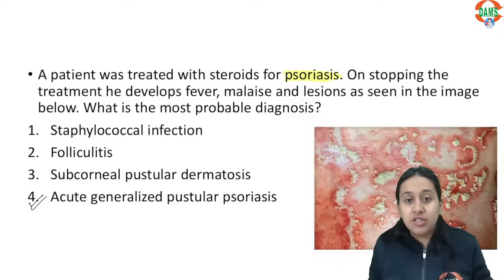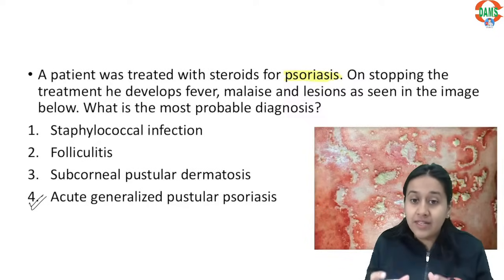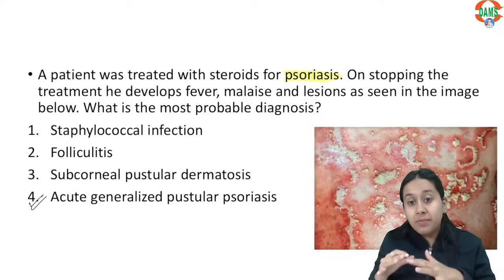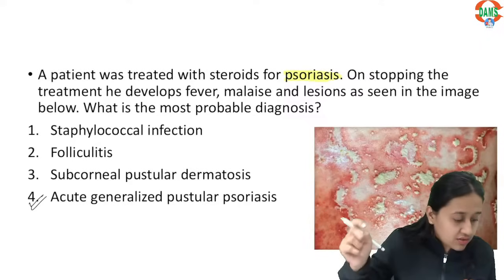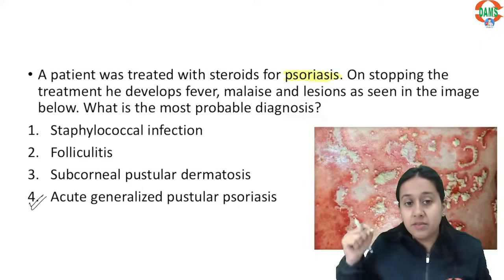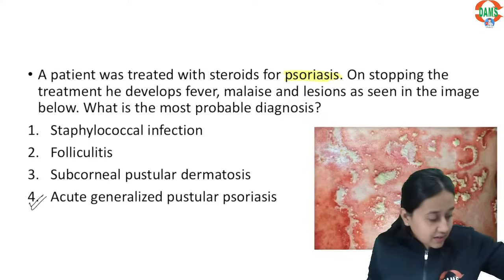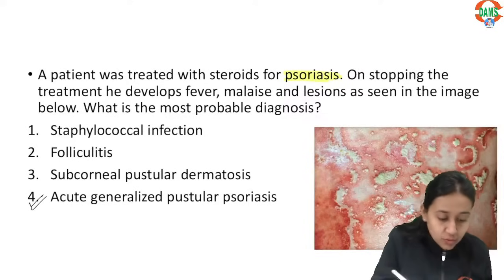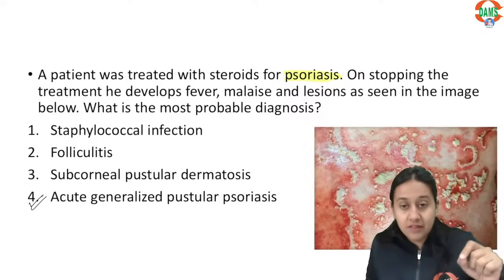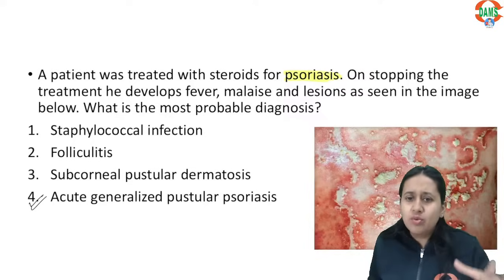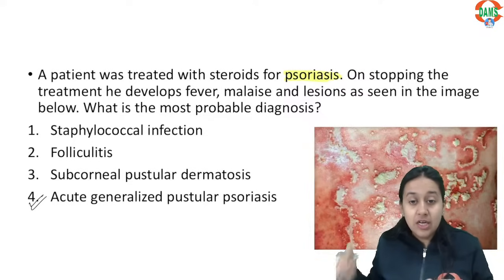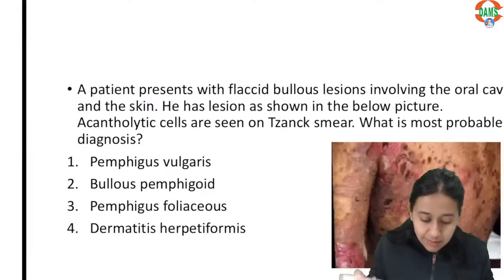So this is a patient who was mistreated with steroids, following which, on stopping this drug, he develops sudden pustular lesions. So this is your acute generalized pustular psoriasis. Clear with this question? Anybody has any confusion in this? Clear? So this was the first question. Please remember, the psoriasis topic is very important. We do get a lot of questions from psoriasis. So this is your question number 1.